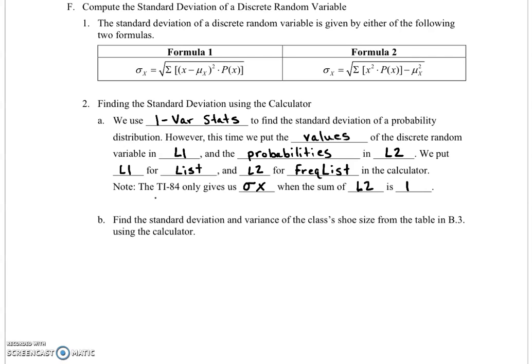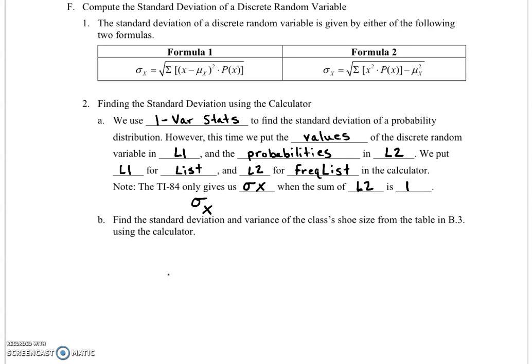So if you noticed, for the mean, we used mu, and remember mu is a population parameter. So the same thing, we use sigma with a subscript of a capital X to tell us that we're finding the standard deviation of a random variable and its probability distribution.